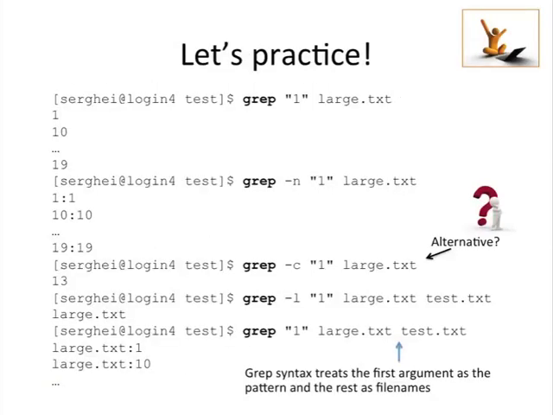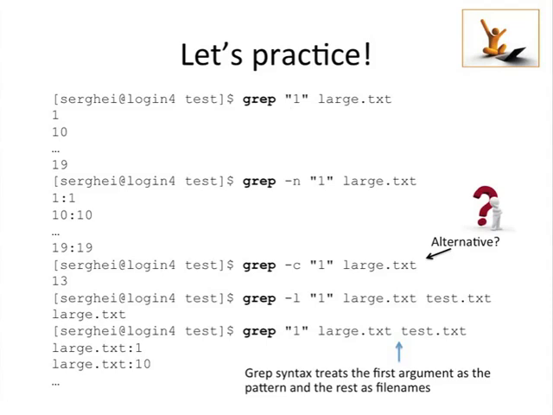Okay, so let's try. We do have the file large.txt. So what about we do grep, and the thing we are searching for will be the digit 1. I always recommend putting the pattern in double quotes. The truth is that sometimes you need double quotes, sometimes you don't.